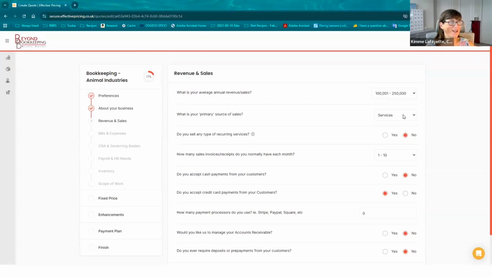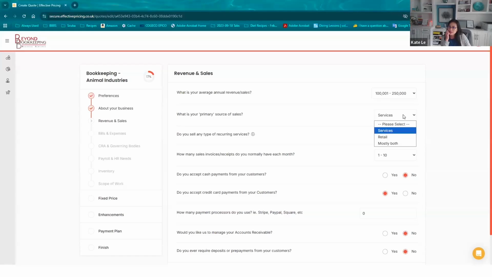That's wonderful. And then as a grooming salon, I'm assuming that your primary source of sales is your grooming services, but do you also sell retail products like shampoos or perfume sprays to your customers? Yes, we have a small amount of things that we carry in-house that occasionally customers will want to buy.